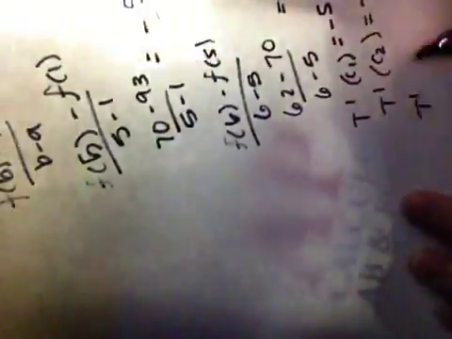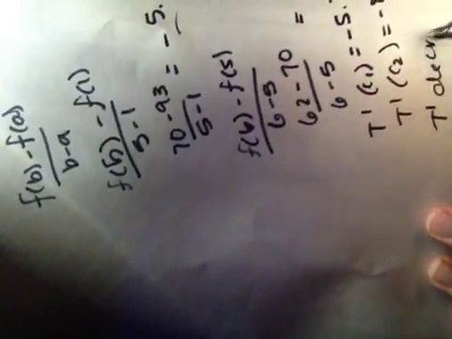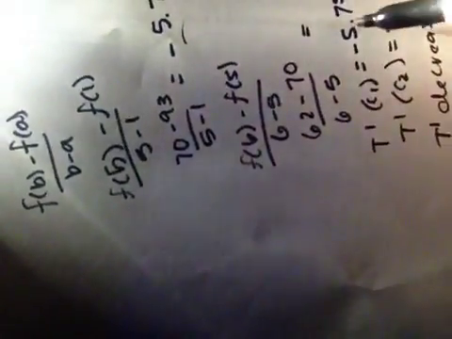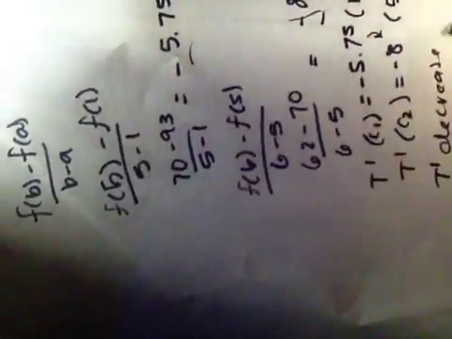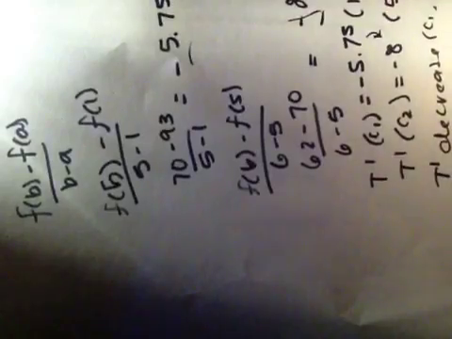And so this follows that T prime must decrease somewhere because it goes from being negative to even more negative. And so on that interval of C1 to C2.